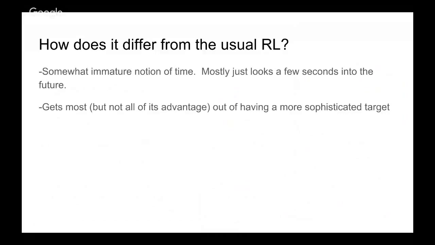To me, it seems like it has a somewhat immature notion of time, practically in that it only looks a few seconds into the future, but also in that with temporal difference learning, you have some... let's see, how do I want to put this?